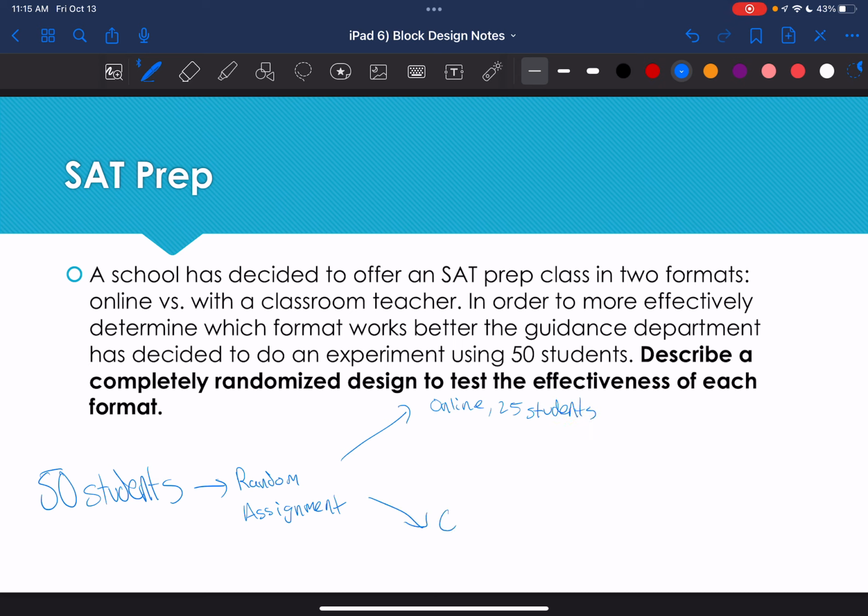Then we have the classroom group, 25 students. And then we compare scores. And that's our completely randomized design. Again, I would describe the random assignment, but that's kind of it.